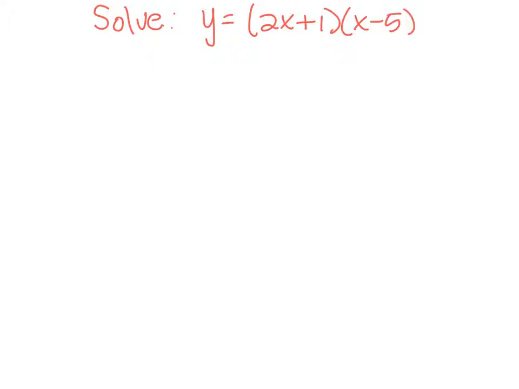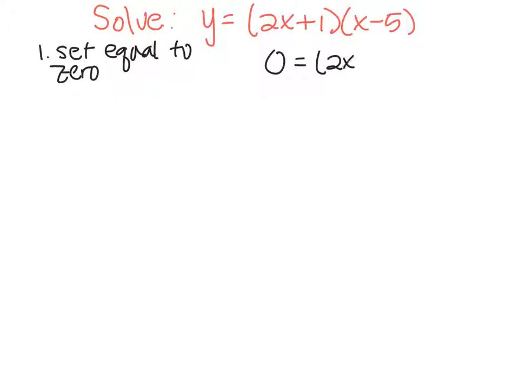Okay, the first thing that we need to do is set the equation equal to 0, meaning I want to replace y with 0. So I am going to do 0 equals 2x plus 1 times x minus 5.